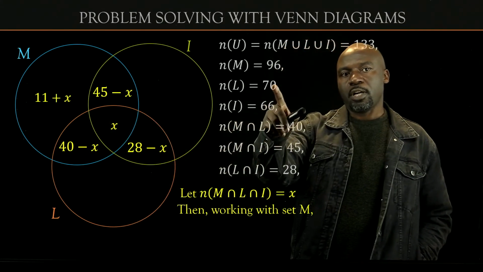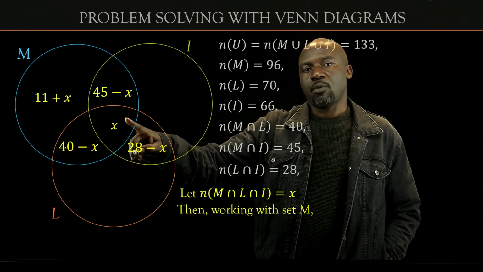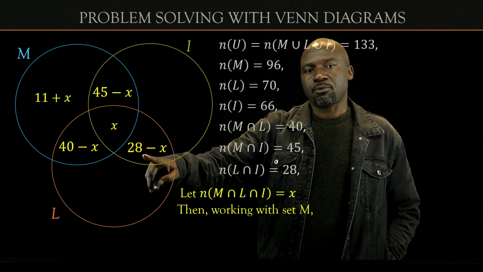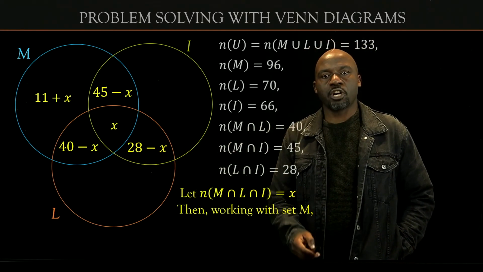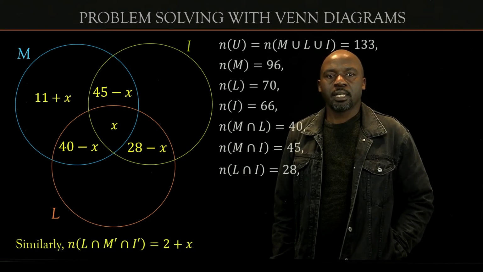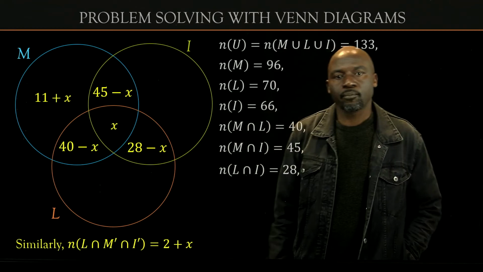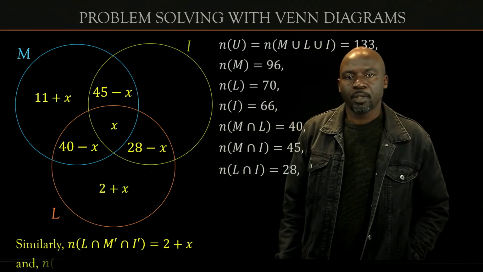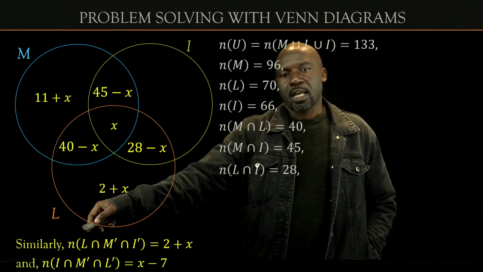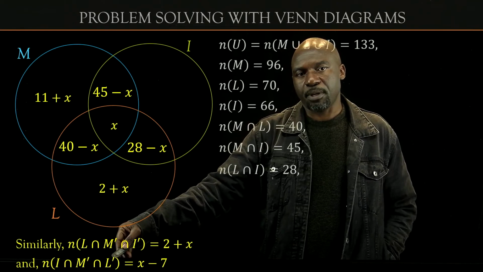The total for oil is 70, and we have to subtract 40 minus X. We have to subtract X, and we have to subtract 28 minus X. Okay, if we do that, please try it out. If we do that, we should get 2 plus X as this region here. Okay, and if we do the same thing for this other region, which is the number of elements in I intersection M complement intersection L complement, right?